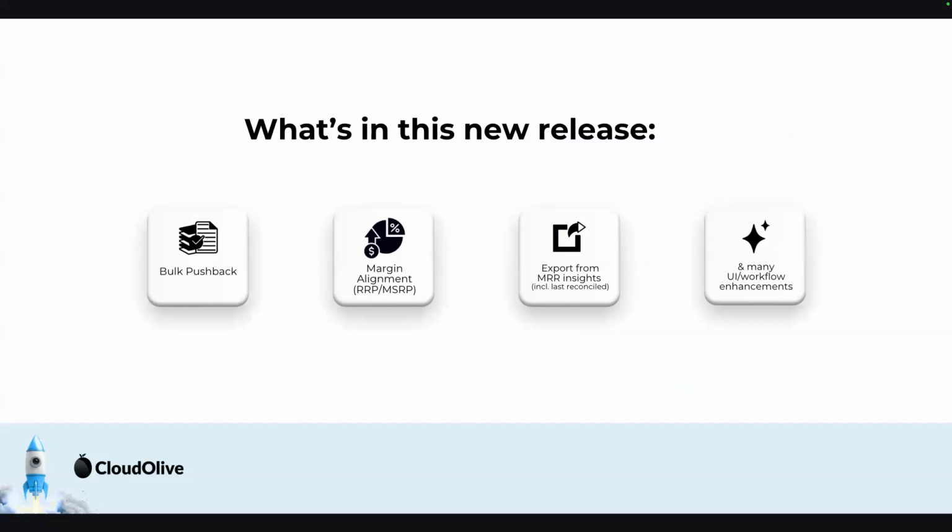The bulk pushback, really timely, I would say, in terms of some of the capability we'll go through here. A big part, or certainly a component of it, is with Microsoft increasing their prices on you on a periodic basis, like at least once a year these days. This update gives you a really neat way that you can keep right on top of that. And I'll show you some of the layers that we believe give you perfect control in that area.